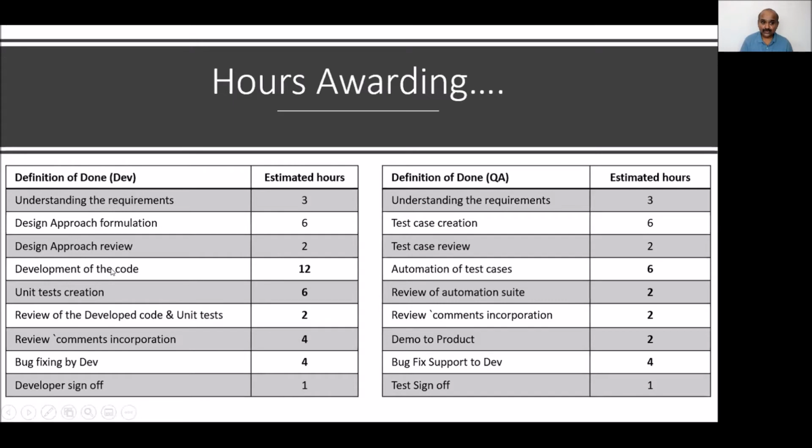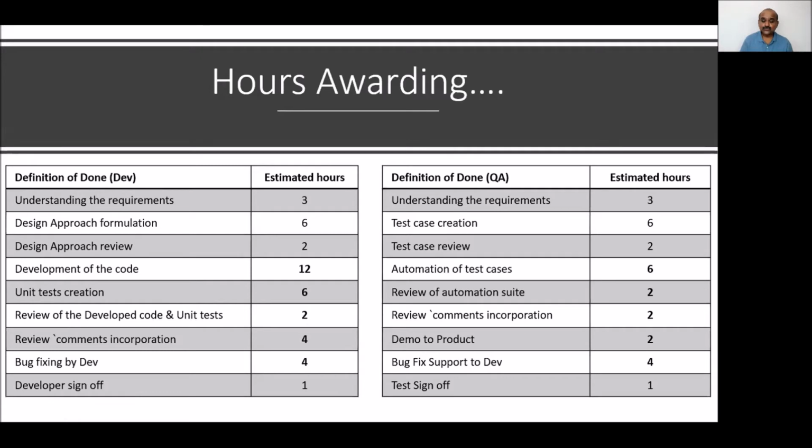And then there should be development of the code. And then you have to create unit tests. And then the whole development code and unit tests need to be reviewed, and then review comments need to be incorporated, and the developers need to be available to fix the bugs raised by the QA professional. And then the developer needs to sign off, saying that from my side, I'm done with everything.